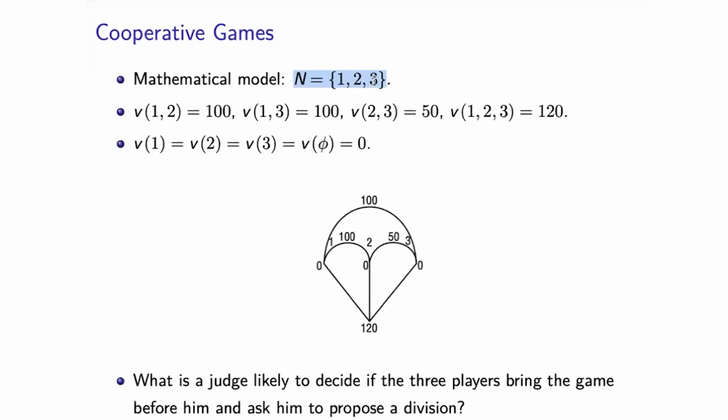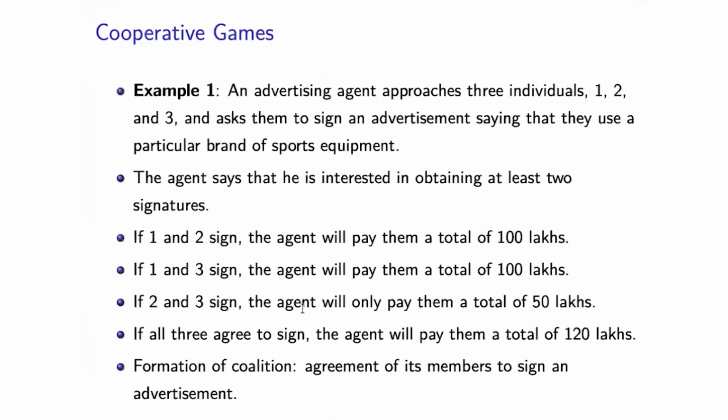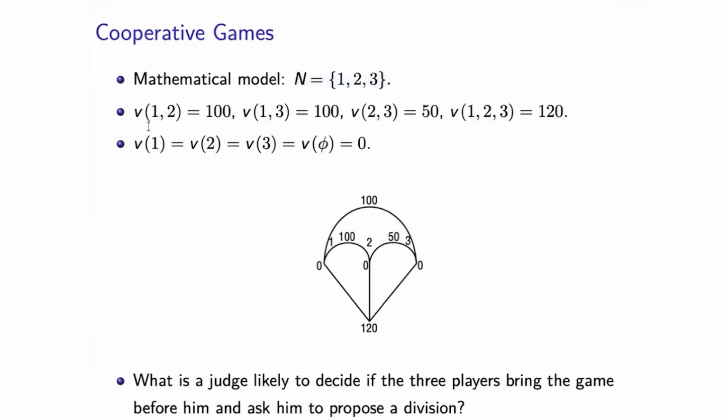Okay, so let's think about how it will work here. Notice that if 1 and 2 are in the coalition, which means that 1 and 2 have agreed to sign the advertisement, but only 1 and 2 have signed, then the agent had said that he is going to pay them 100 lakhs. So that means that the value of this coalition, 1 and 2, is 100.